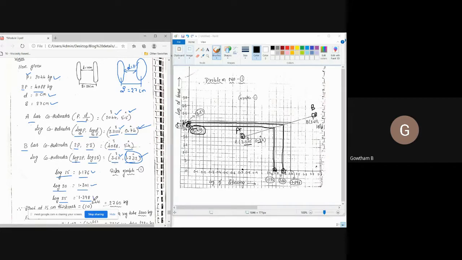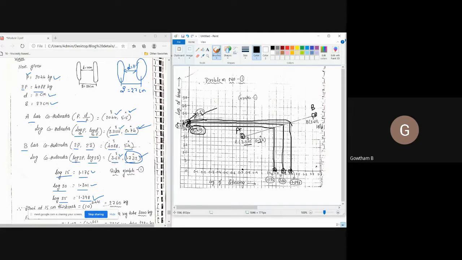Similarly, for the last point you locate 1.398, project that line to your AB line and project back to the y-axis. It is located somewhere here, and this is equal to 3.51.